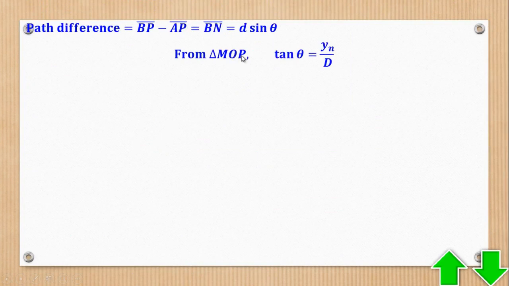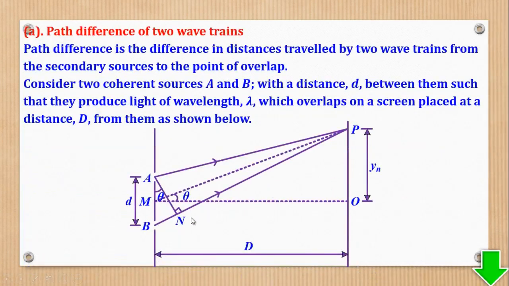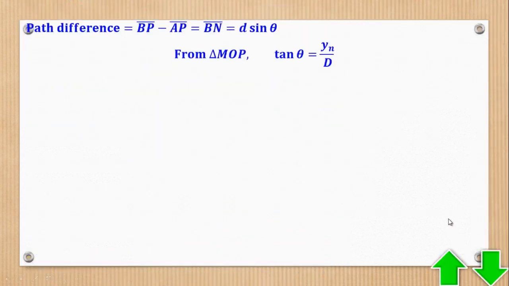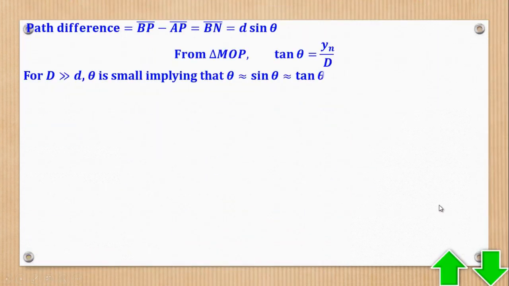Then from triangle MOP, by geometry, this angle is the same as this angle. So tan theta will be equal to opposite, which is yn, over adjacent, which is capital D. Then we shall make an assumption that if capital D is much greater than small d, it means that theta is a small angle.